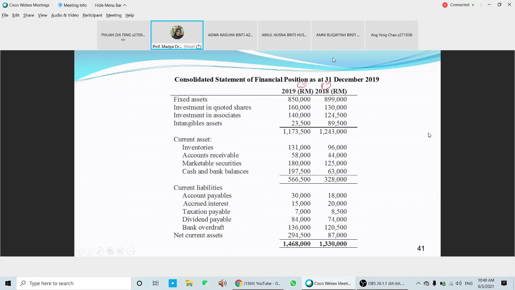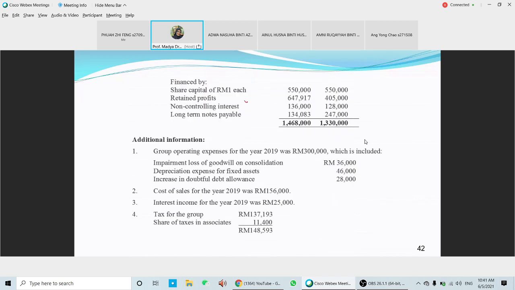It means there is a change in the value. Maybe they had an acquisition, they bought a new asset, or maybe they disposed of an asset. Between last year and the current year, there is a reduction.